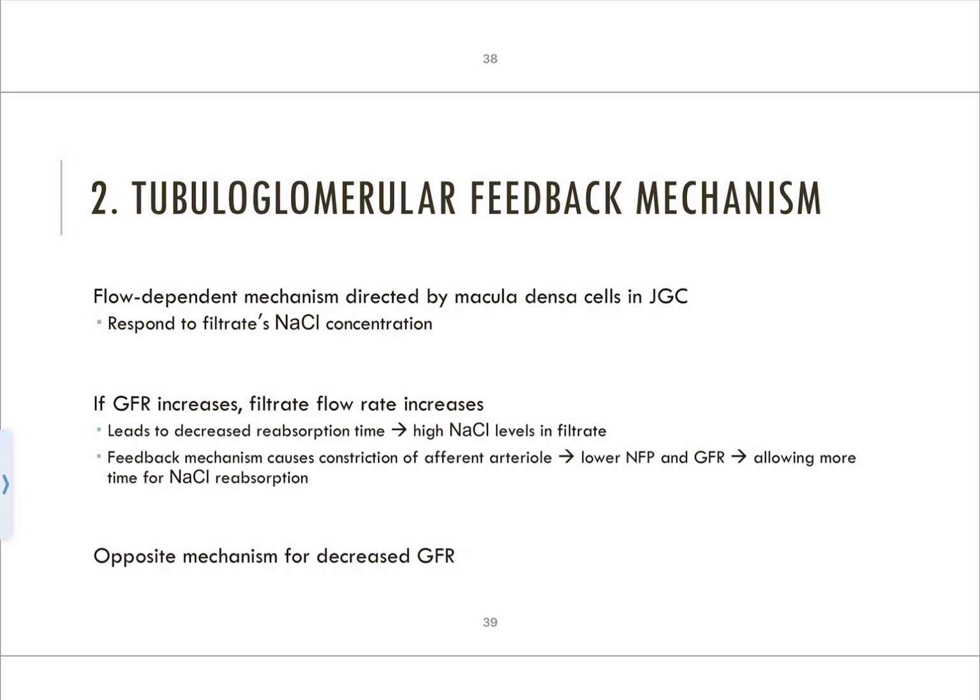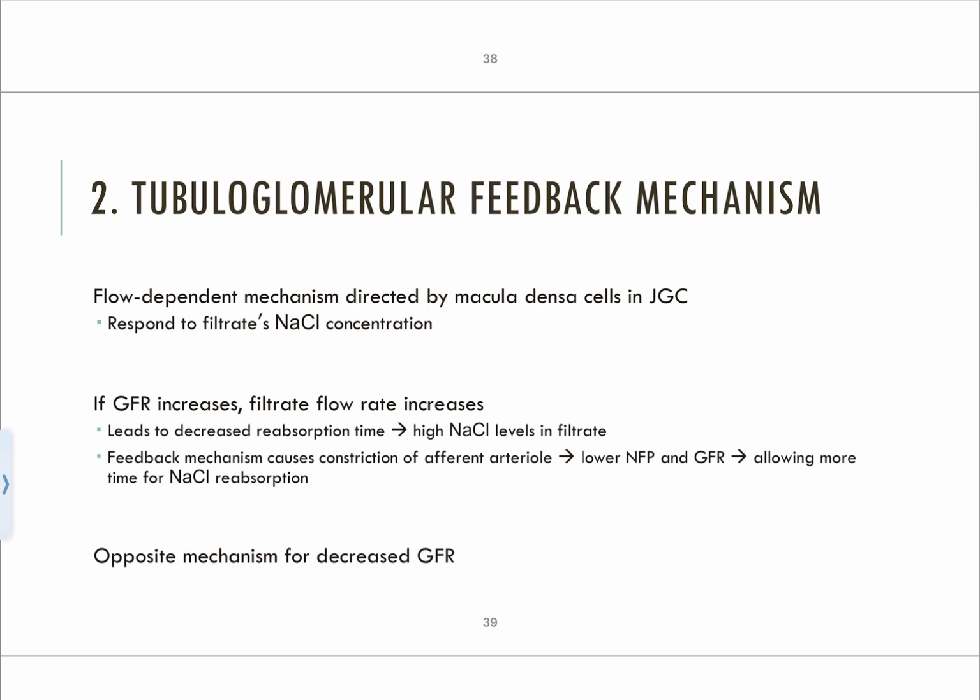And if we lower the blood flow in our glomerulus, this is going to decrease our net filtration rate and our glomerular filtration rate, helping slow the flow of the filtrate to allow more time for processing and therefore for sodium chloride reabsorption.